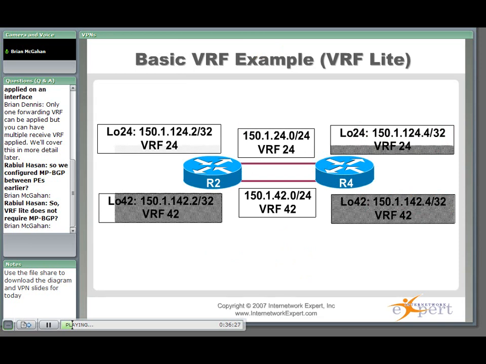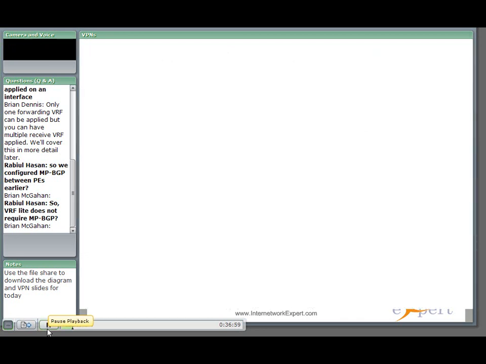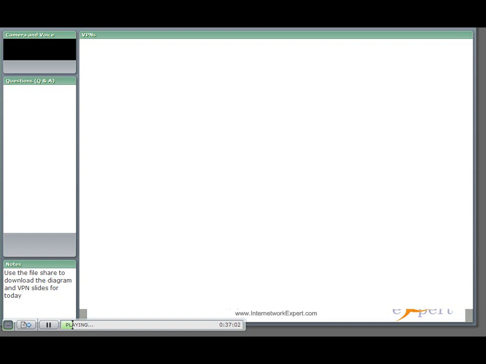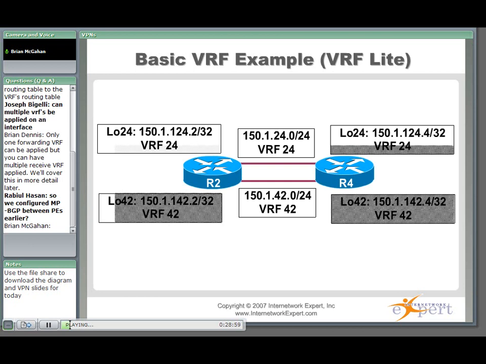Okay, so we're saying inside the VRFs, but multi-protocol BGP with the VPNv4 address family, that is going to relate directly to MPLS.